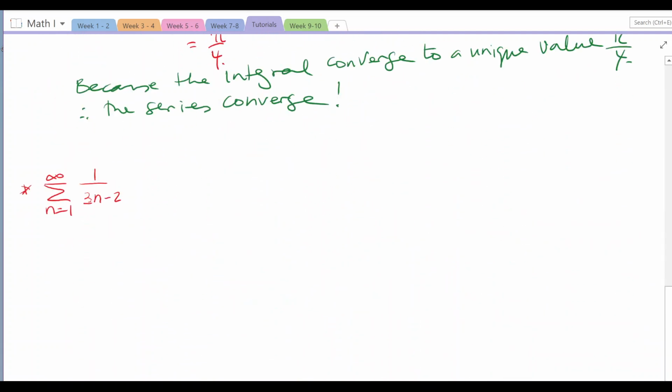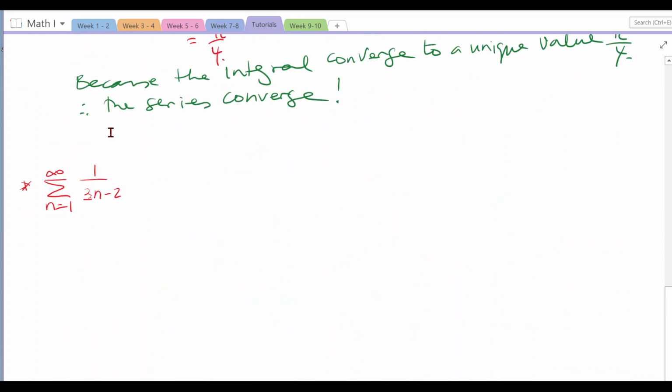Let's do another one here. The series of 1 over 3n minus 2. So again, the requirements: number 1, it must be positive for n greater than or equal to 1.